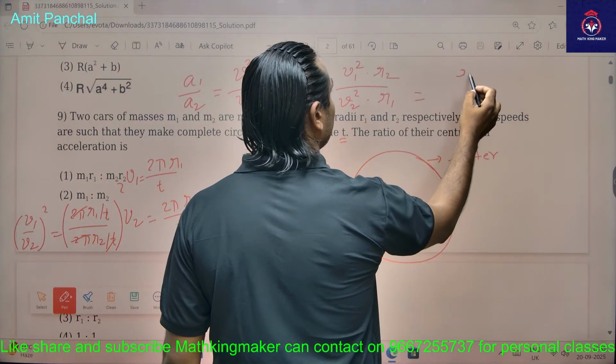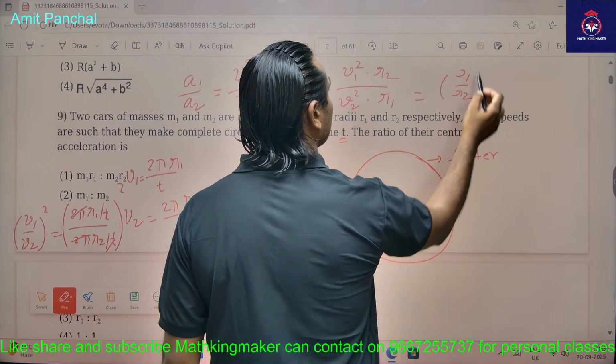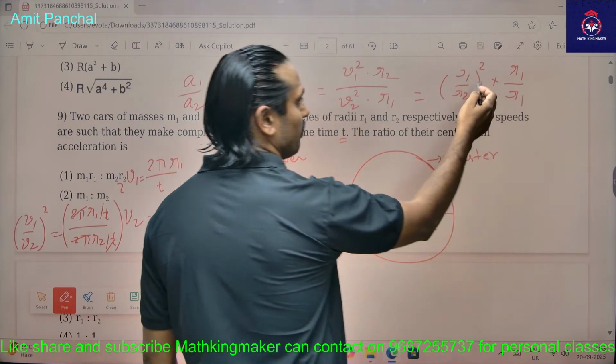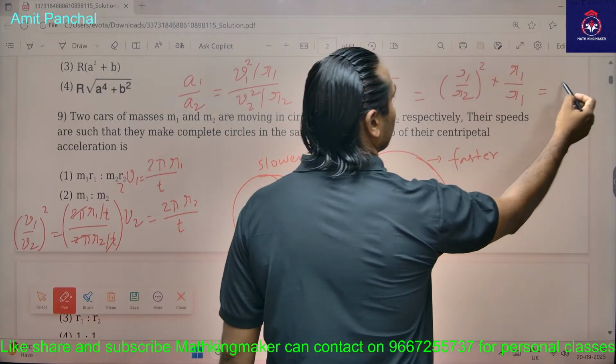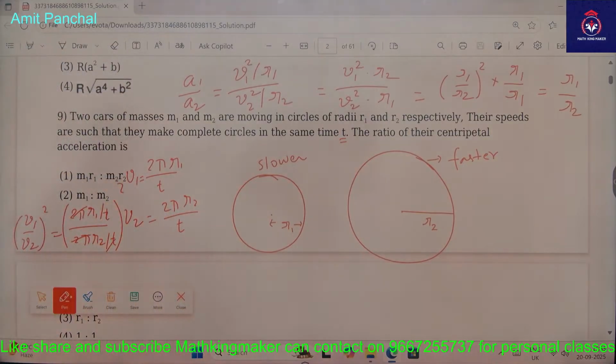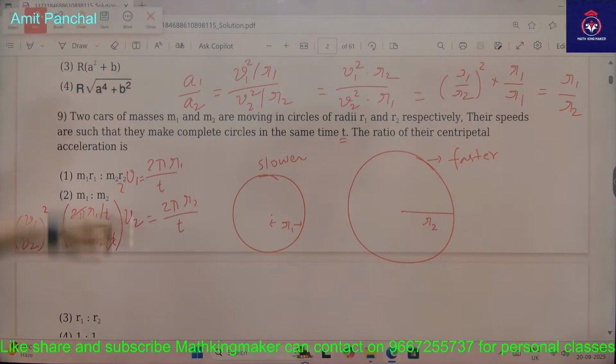So I can write it as r1 by r2 whole square into r2 by r1. One r1 and one r2 will be cancelled. So that will be r1 by r2. Isn't it? Yes. So that will be its acceleration. So I think the third option must be right. Okay. Are you getting it? Any doubt?